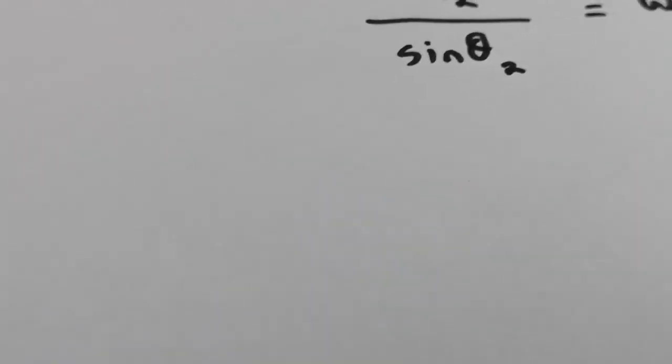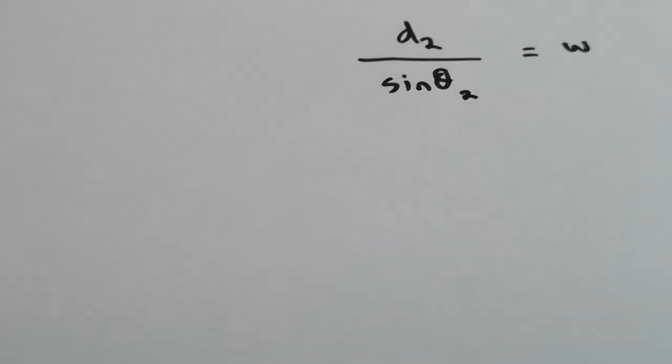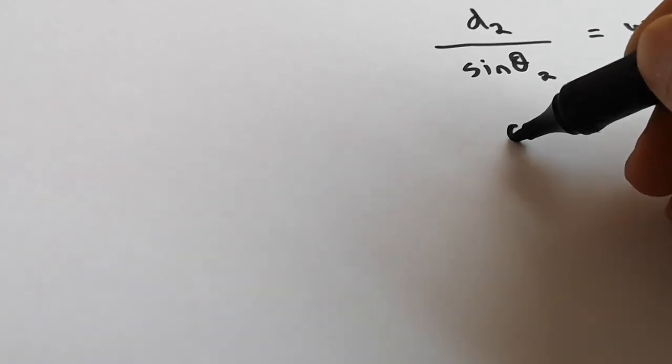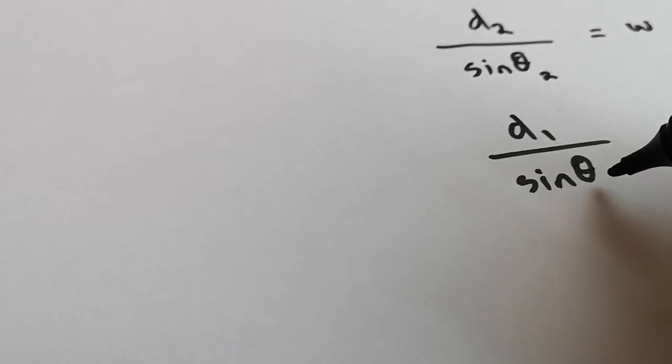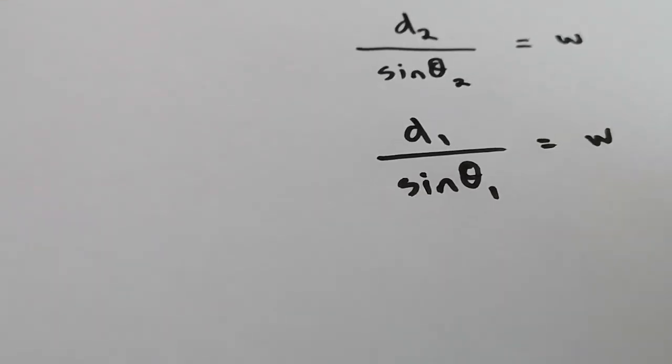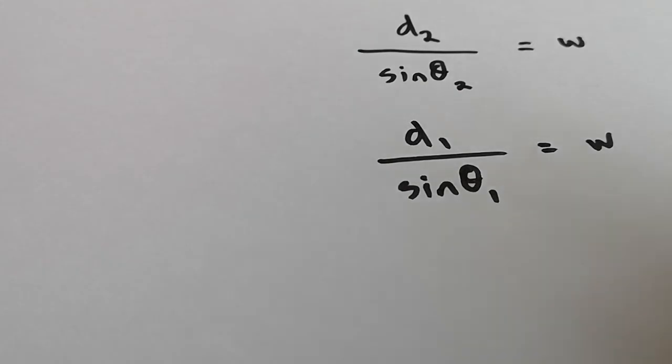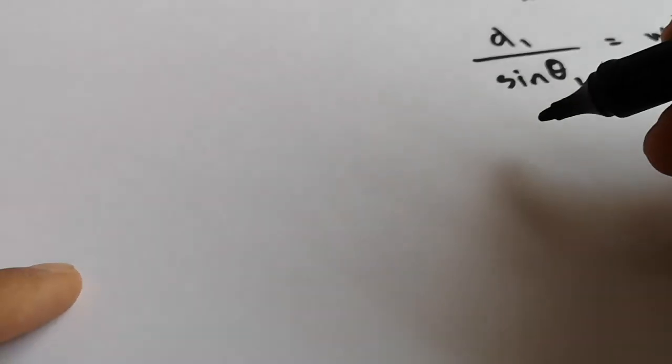Okay, so as well as this ideology we've taken, we can also say that D1 over sine theta 1 is equal to W. Now that we've got those two equations, because they are equivalent to the same numerical value, let's put them together.